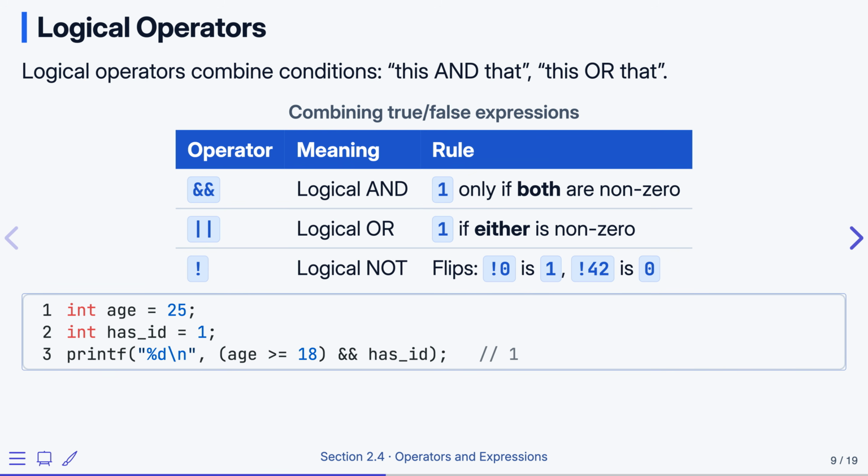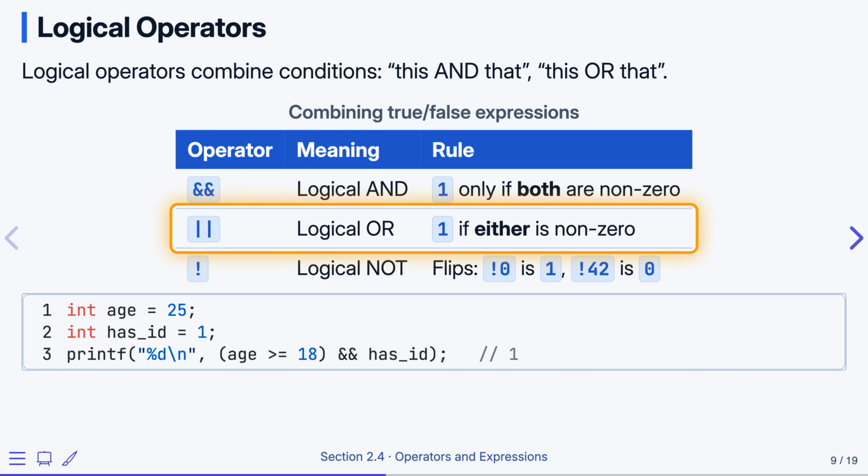Logical operators let you combine conditions. This is how you say this and that, or this or that. The double ampersand is logical and. It gives 1 only when both sides are non-zero, that is, both true. The double pipe is logical OR. It gives 1 when either side is true.